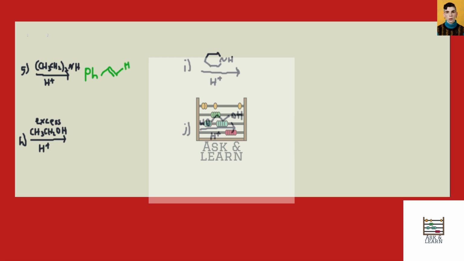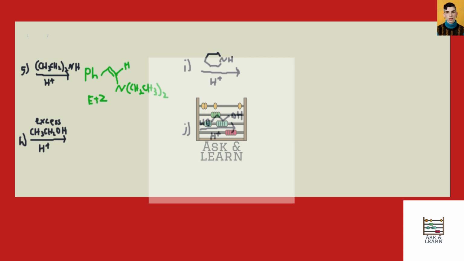We have a double bond here and our nitrogen with the alkyl groups that are on it. And once again, we'll get E and Z isomers.